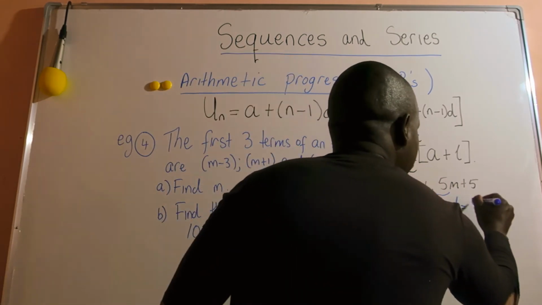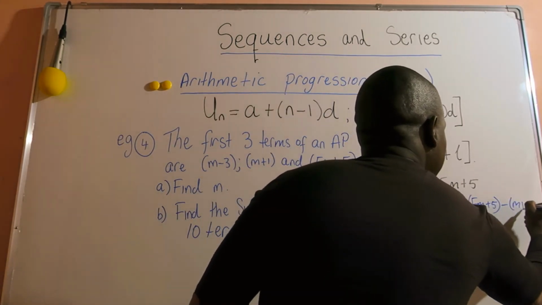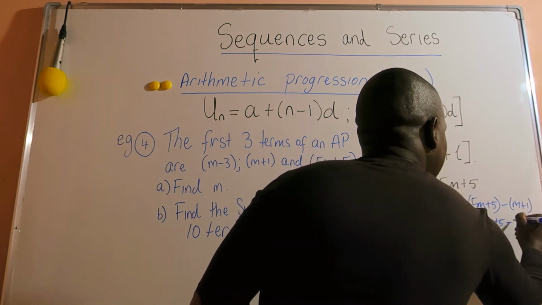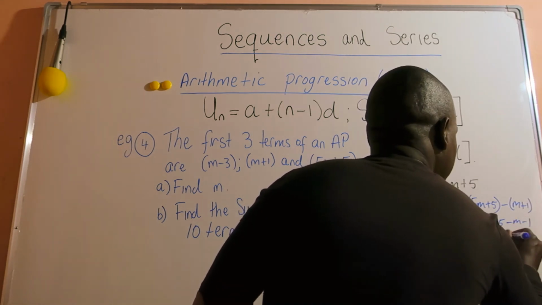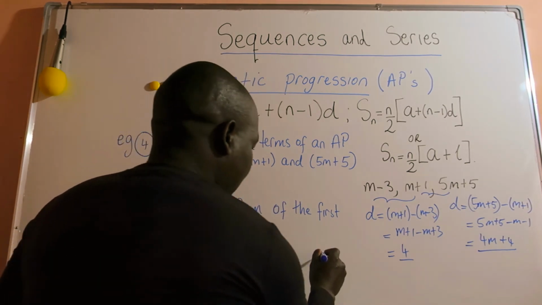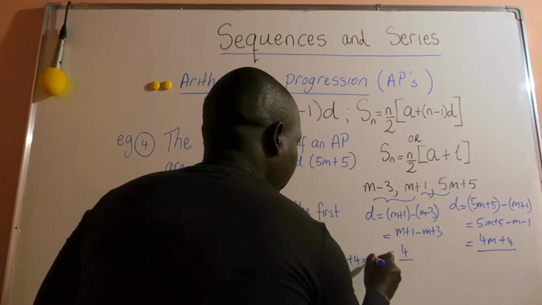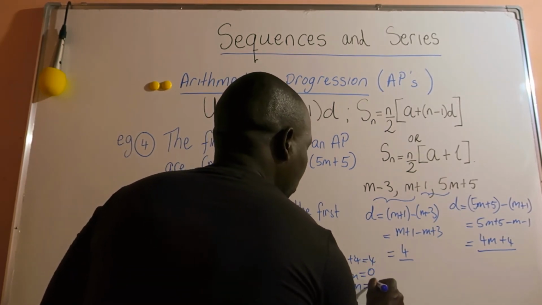So the next term, 5m plus 5, you subtract m plus 1, which is equal to 5m plus 5 minus m minus 1, which gives 4m plus 4. Alright, so this is the same common difference. Therefore, 4m plus 4 is equal to 4, 4m is equal to 0, m is equal to 0.